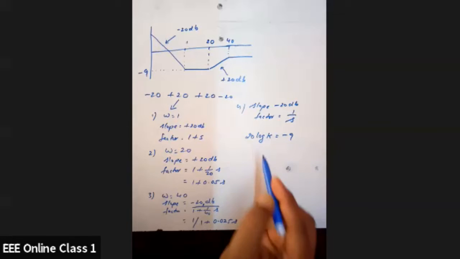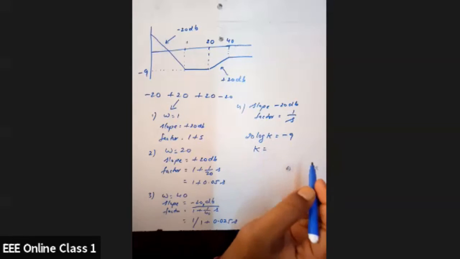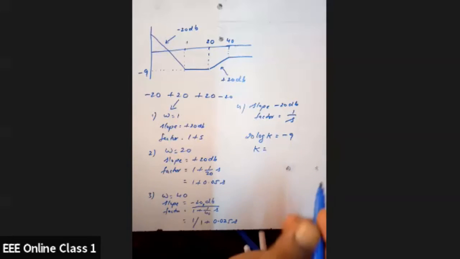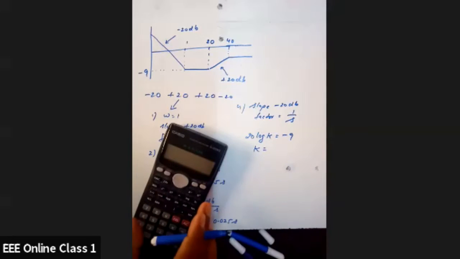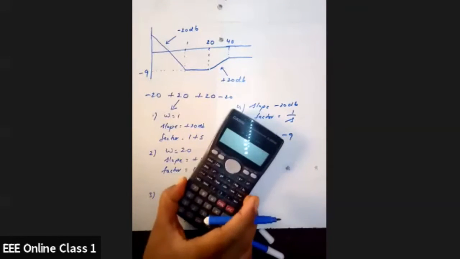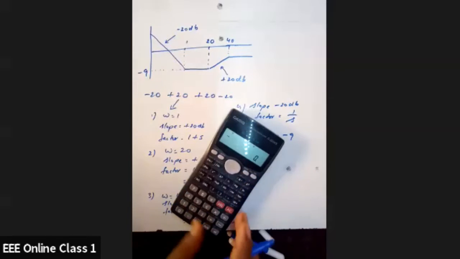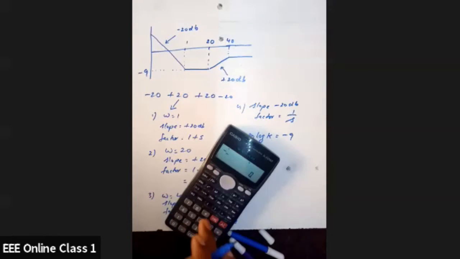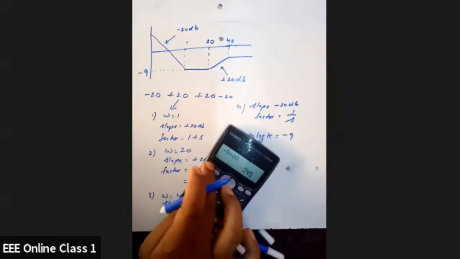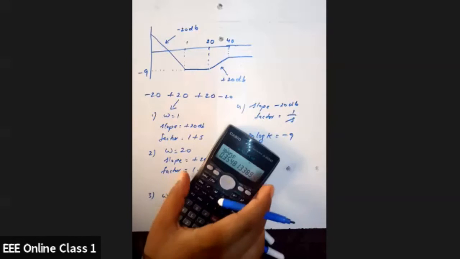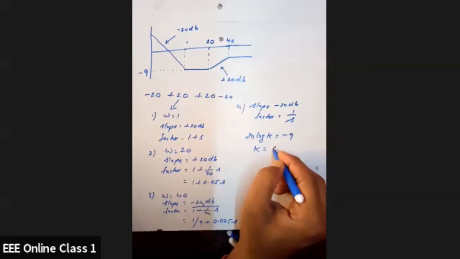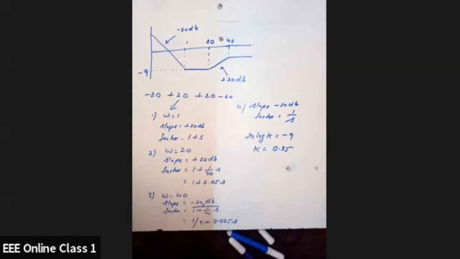From this, we can find that k is equal to 0.35.